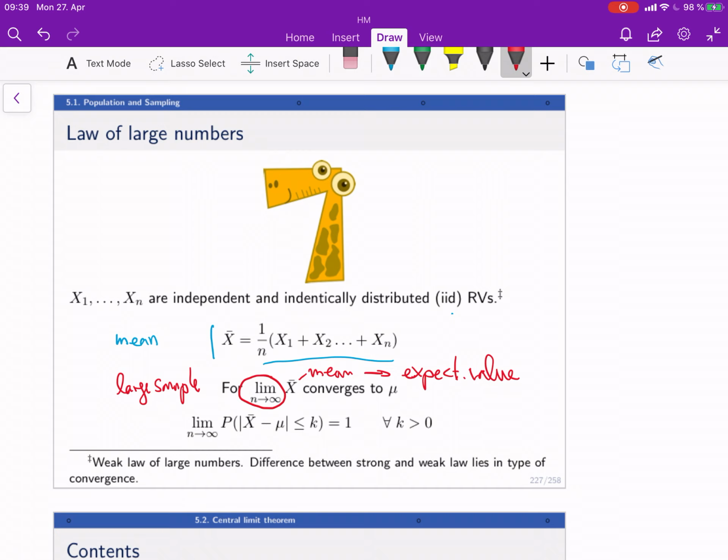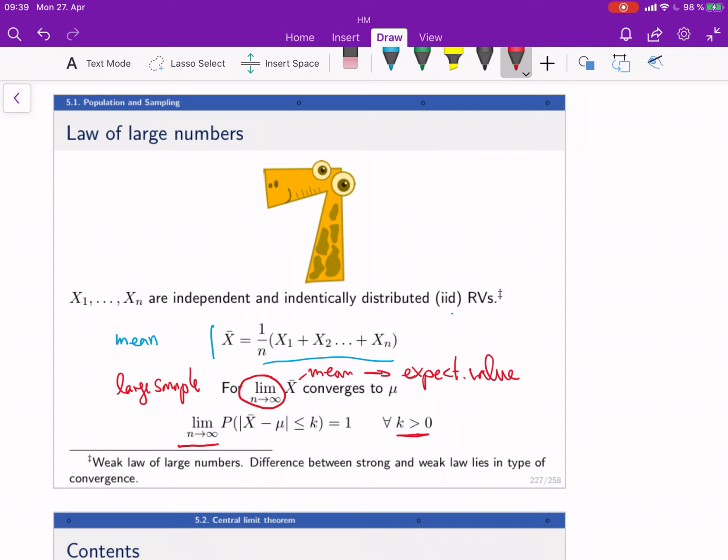In mathematical terms, there's also the distinction between the weak and the strong law of large numbers, which are different types of convergence, which is not important to us at the moment. Basically they're saying the same thing. The weak law, which we have here, says this: imagine a tiny difference k, really, really small, let's say a difference of 1 divided by 1,000,000.